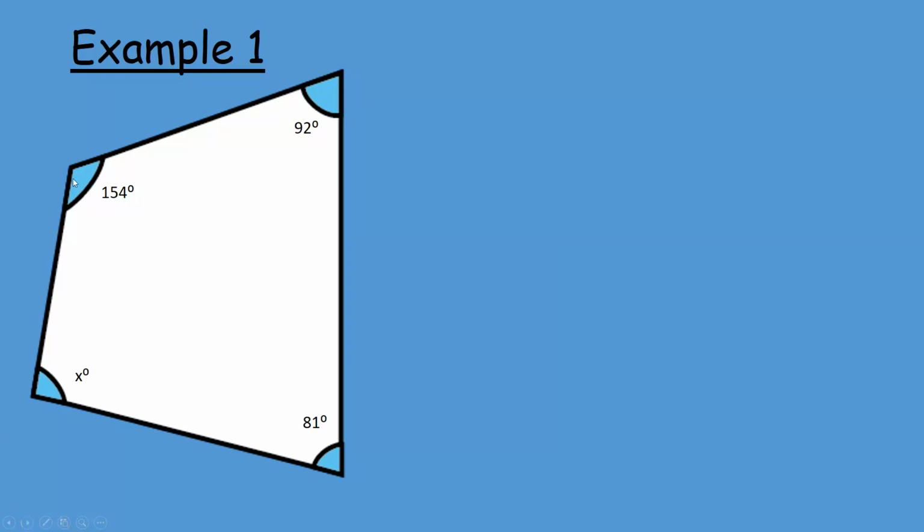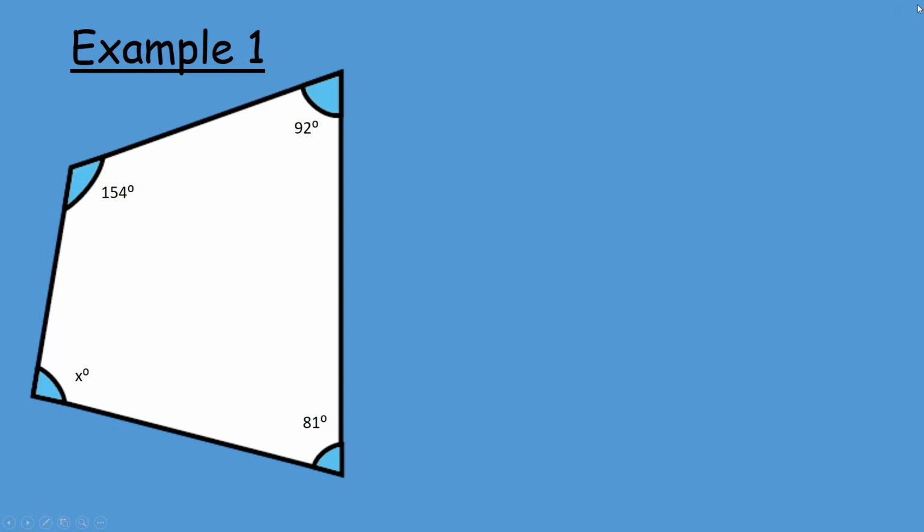So as we just said, all of these four angles must add up to 360. So just like when we did with missing angles in triangles, our first job is we add our known angles together. So we're going to add those three together.